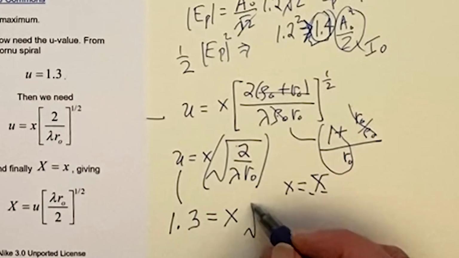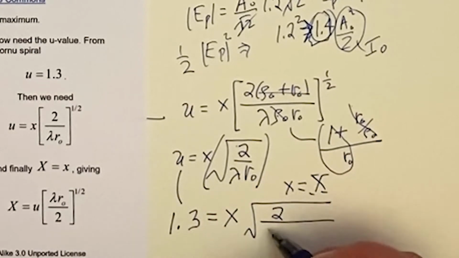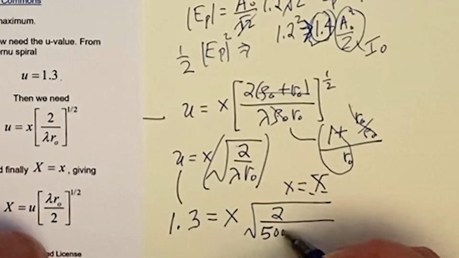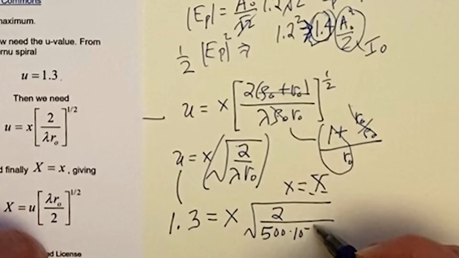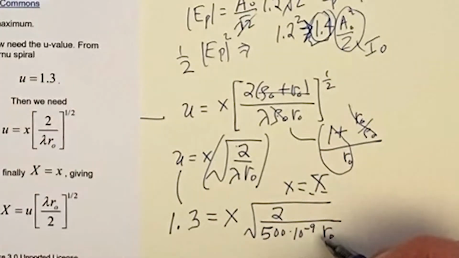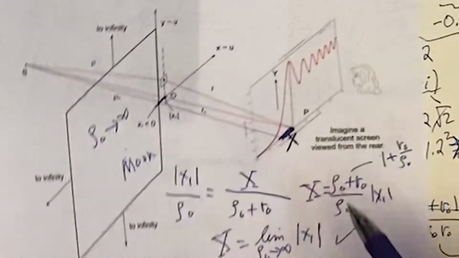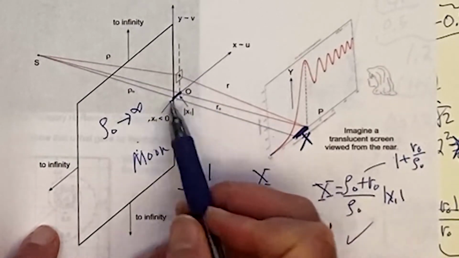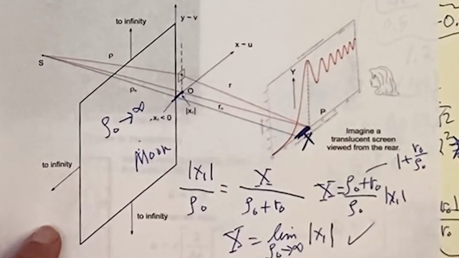So you need the square root of 2 over the wavelength, and we'll use the wavelength of 500 times 10 to the minus 9 meters. And the R naught is the R naught here. If you come back to this picture, R naught, that's the moon, R naught is the distance of the moon. So like how far is the moon?